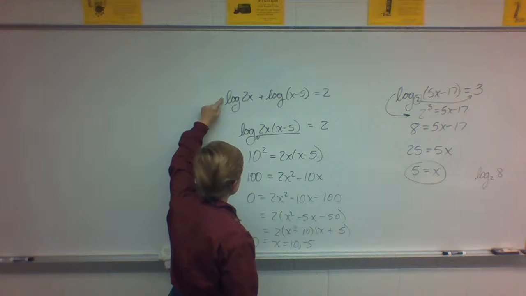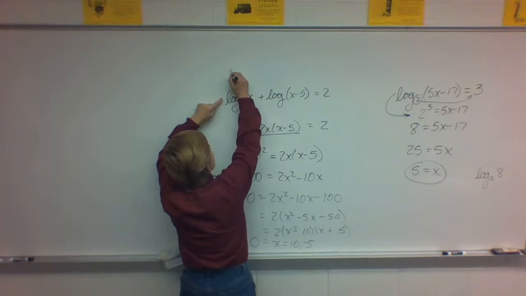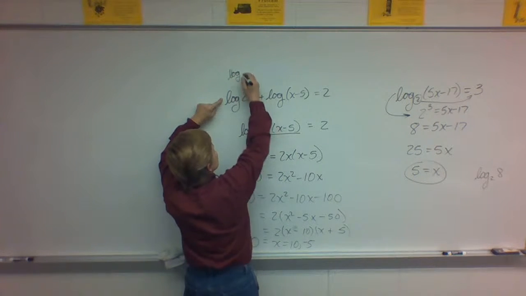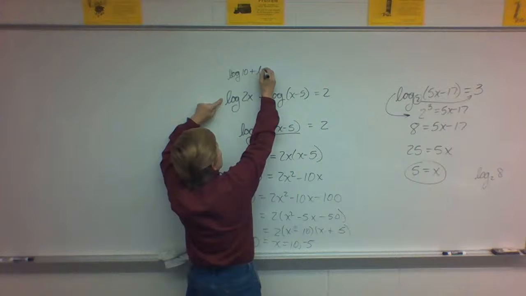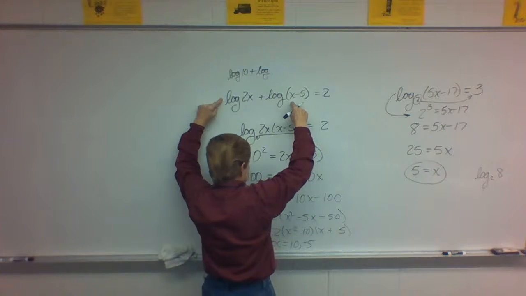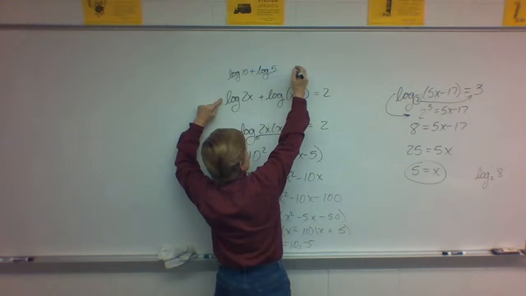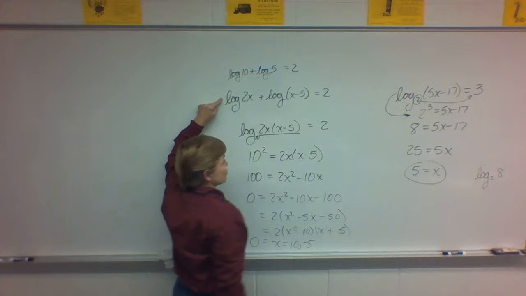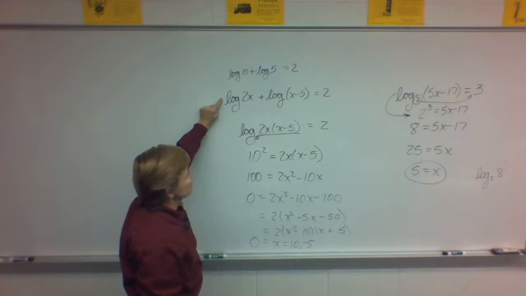So if it's going to be 10, what I want to know is the log of 20, because it's 2 times 10, plus the log of 5. Is that equal to 2? Check it out.